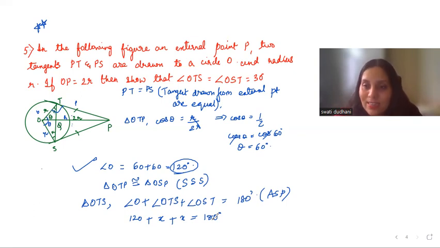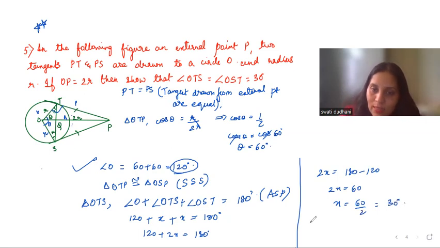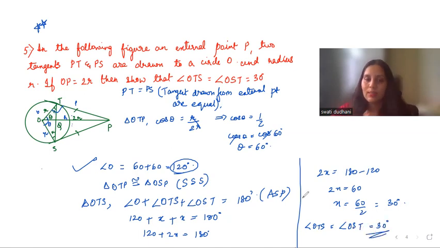So if the sides are equal, then opposite angles will be automatically equal. So 120 plus 2x is equal to 180 degree. So 2x is 180 minus 120, which is 60. So x is 60 by 2, that is 30 degree. So what is x? X is OTS and OST. Both are equal to 30 degrees. And this is what we need to prove. I hope this is clear.